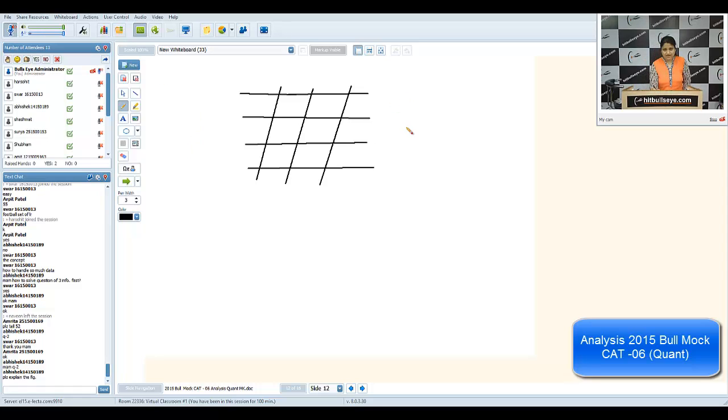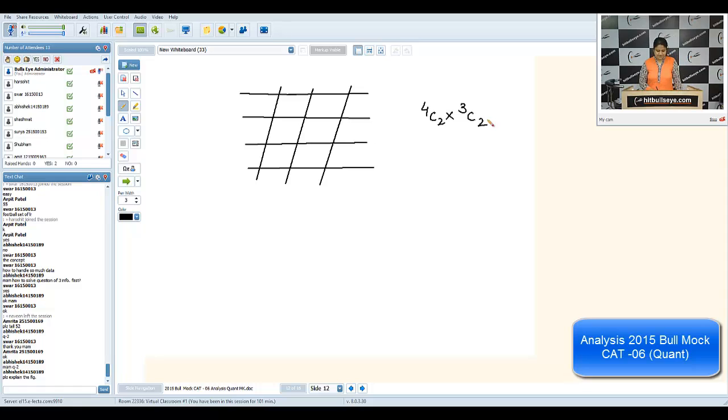To make a parallelogram, I need 2 horizontal lines and 2 slanting lines. There is a word called non-overlapping. First of all, I'm counting the simple number of parallelograms. So in this case, it will be 4C2 into 3C2. That will be the total number of parallelograms.